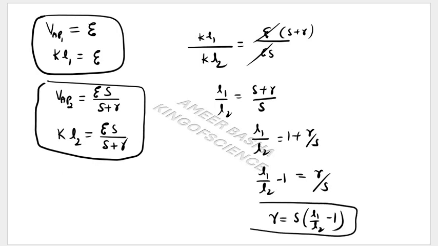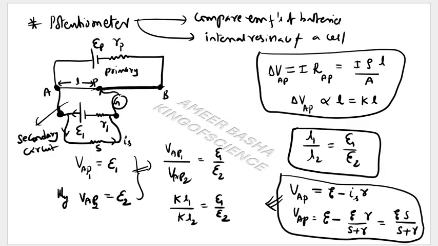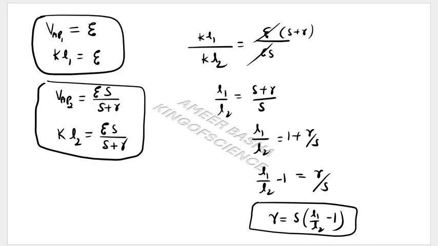L1 is the balancing length without any secondary resistance S. L2 is the balancing length when I place the secondary resistance in the potentiometer circuit. These are not new things, I said them already. I hope it is clear.